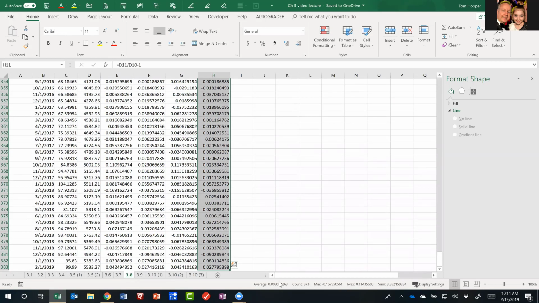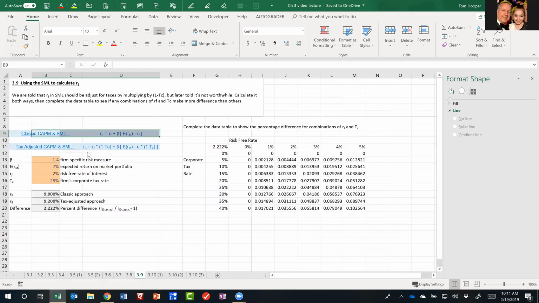If I look at an average, in this case, it's a little bit less than 1% per month. I'd want to do this with annual data, and I'd probably get closer to 7 to 10% historical market return. And so that's the E, R sub M.